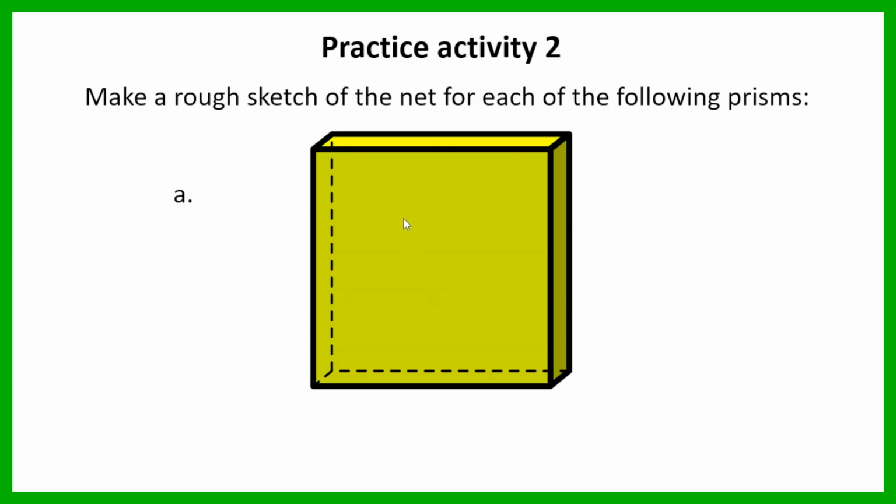When you're doing these sketches, you don't have to do everything completely accurately to the millimeter, but I do want you to make sure that if lines are supposed to be the same length as each other, they are the same length as each other. So they need to look pretty accurate. You don't have to measure everything perfectly, but they do need to look correct. I'm going to give you 1 minute to draw the net for this object.